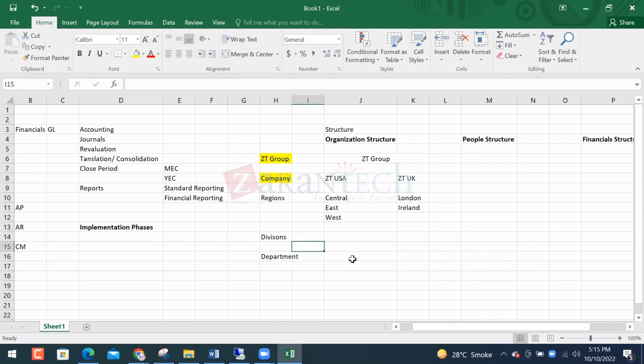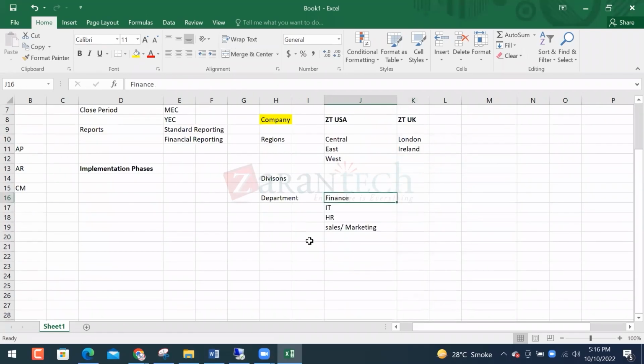So departments, for example in my company, are finance, then we have IT, then HR, and sales and marketing. Now, if the departments are the same for both of the companies, I don't need to define them separately.